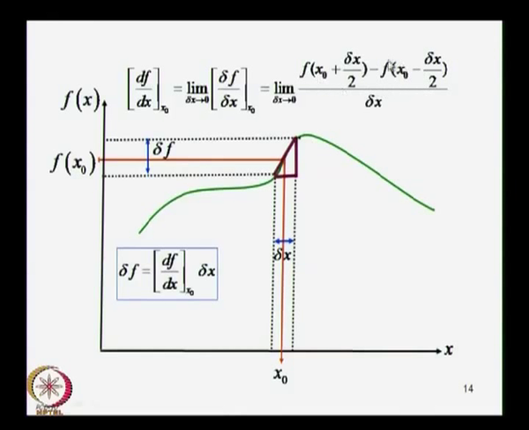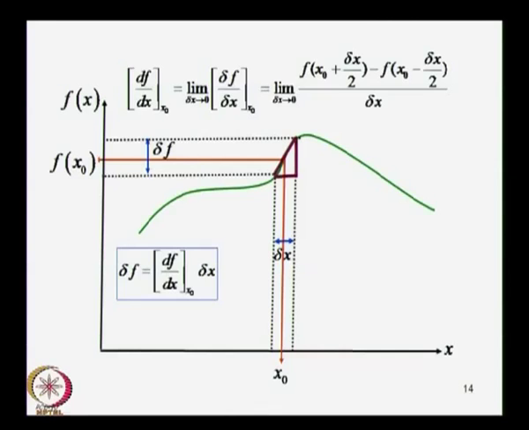In the limit, they will be infinitesimally close to each other. That is the limit that you must seek, and you will find that this numerator is nothing but the derivative multiplied by this denominator. So, you can actually get an estimate of how much this function changes. In fact, the more correct expression will have many more terms, but this is the leading term as you get.